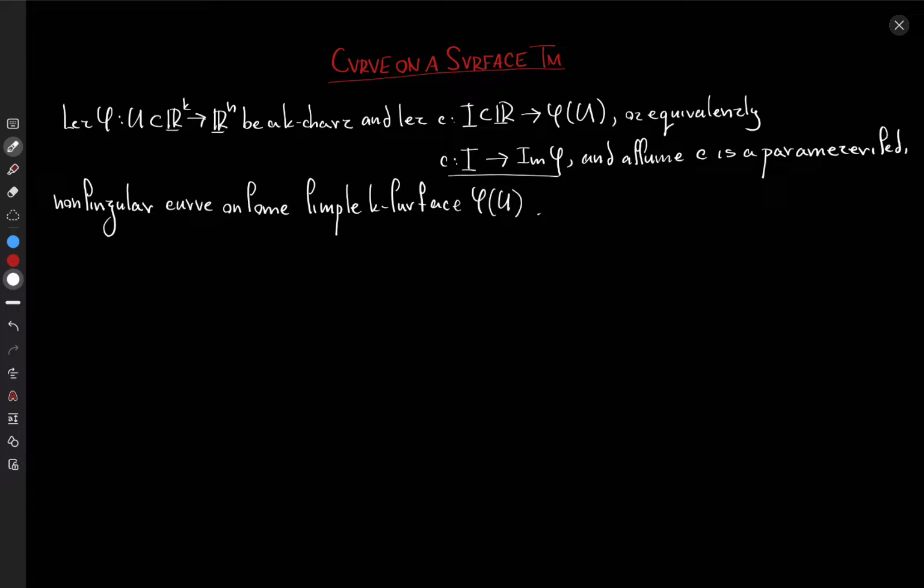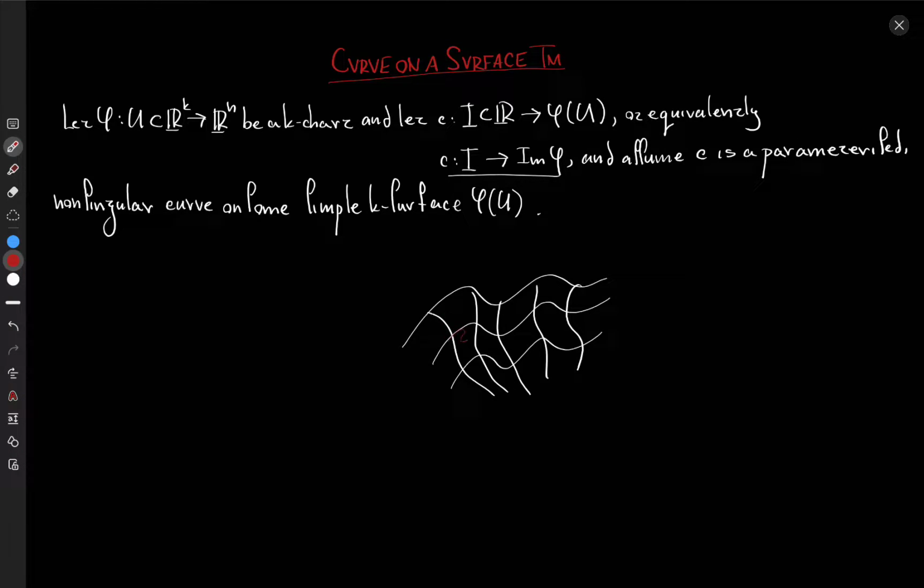We take the curve maps some interval onto the surface of phi. So if we have some crazy surface like this, some combination of sines and cosines, then the curve will live somewhere on the surface. There doesn't exist a single point where it would diverge vertically from the surface.